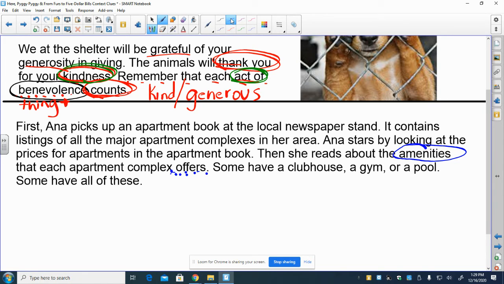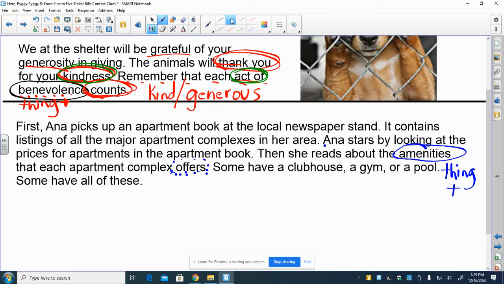And usually you're going to offer a thing. You would offer someone something. And usually if something is being offered, it's in a nice way. So this word sounds positive. When I look inside the word for step 3, I do not see a prefix or suffix or base word that helps me understand this word. So now I'm going to use context clues from outside the word.